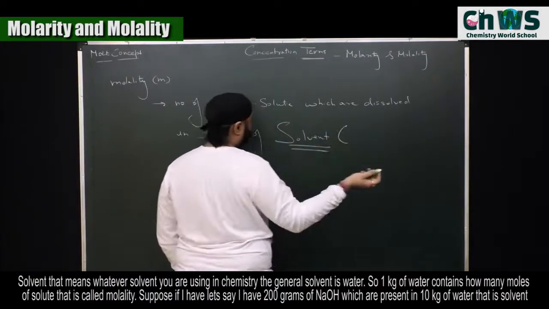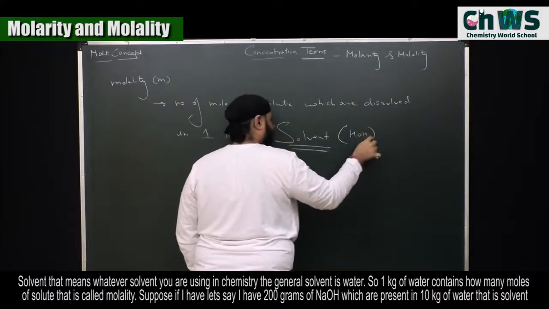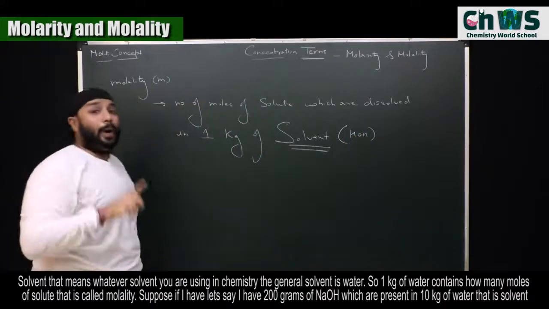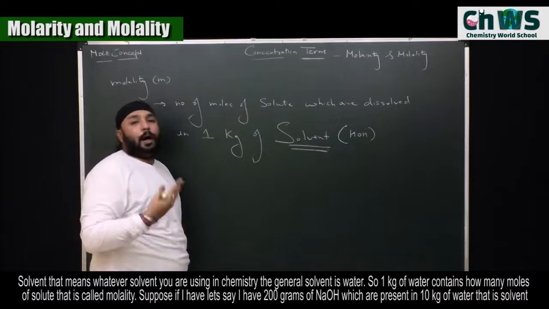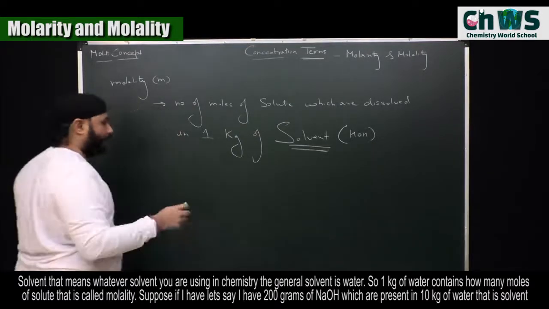That means whatever solvent you use, in chemistry the general solvent we use is water. Getting it? So 1 kg of water contains how many moles of solute? That is molality. Understood?